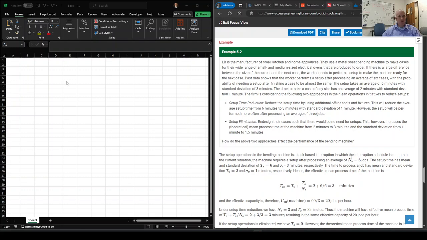So let's start with the information that we know. This is example 5.2, and we have some information that we know. We know that the theoretical mean process time is equal to 2 minutes.